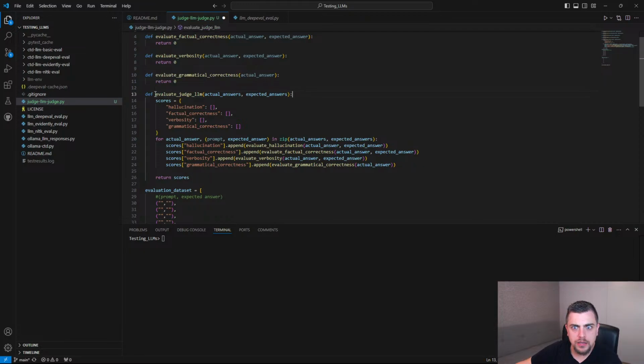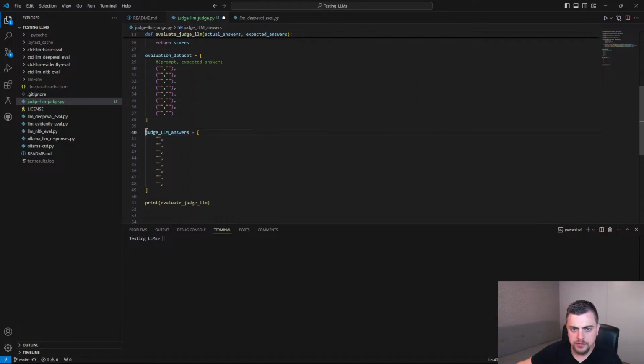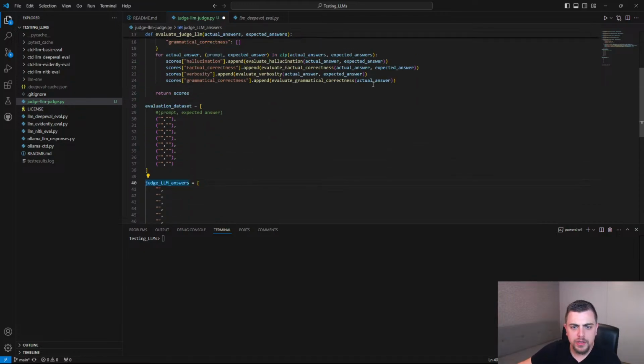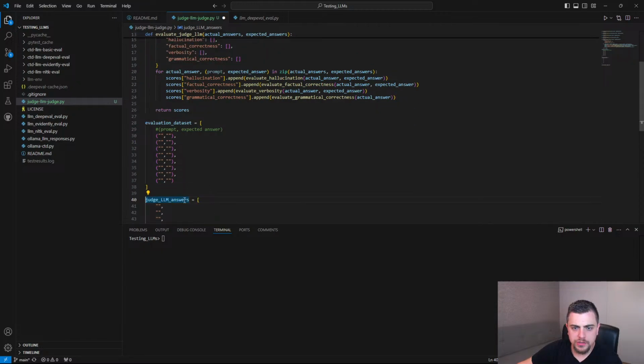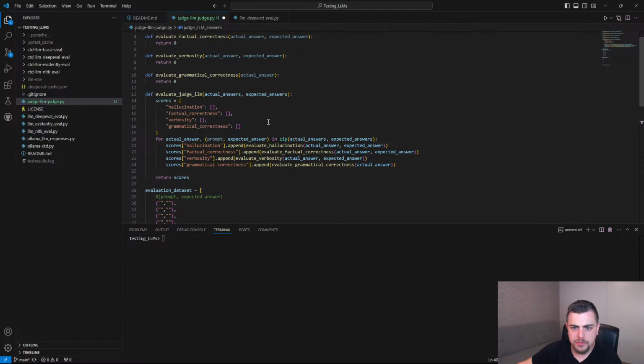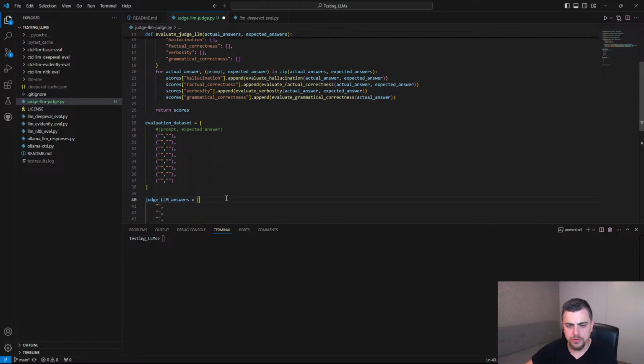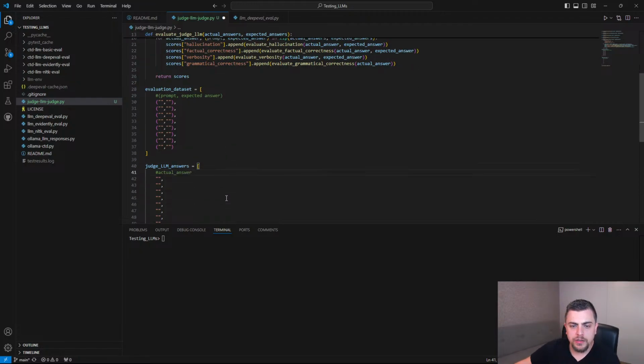So I think the evaluate judge LLM uses the expected answers and the actual answers, and the actual answers, let's call it actual. No. So these are the actual answers. These judge LLM answers, and the expected ones. Let's make a note, I will forget. This is the actual answer in the function, in the methods.